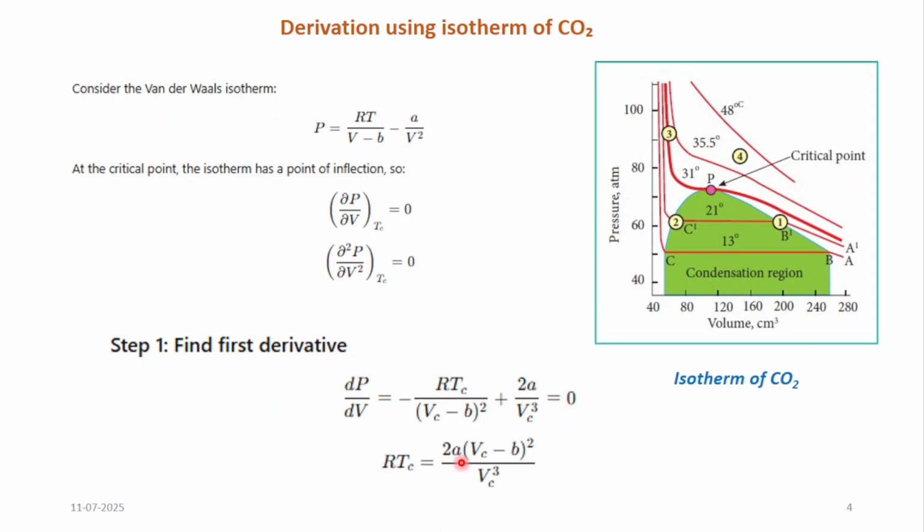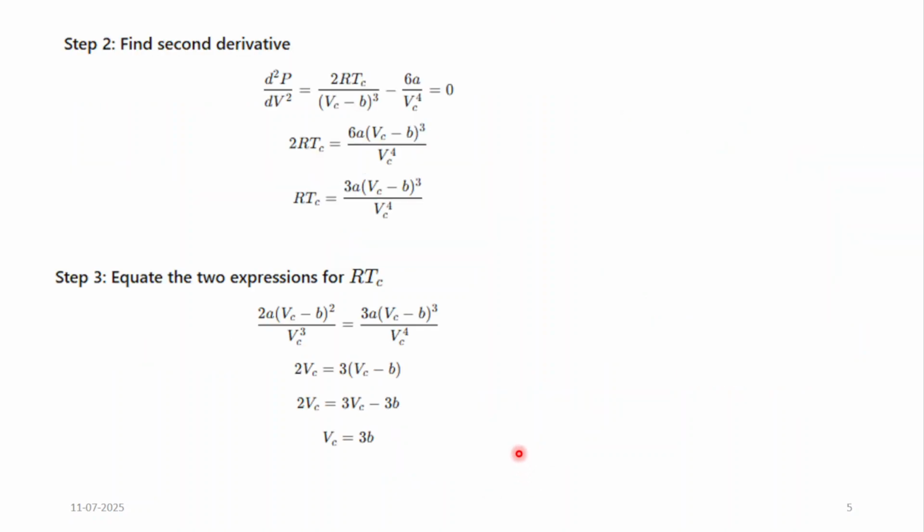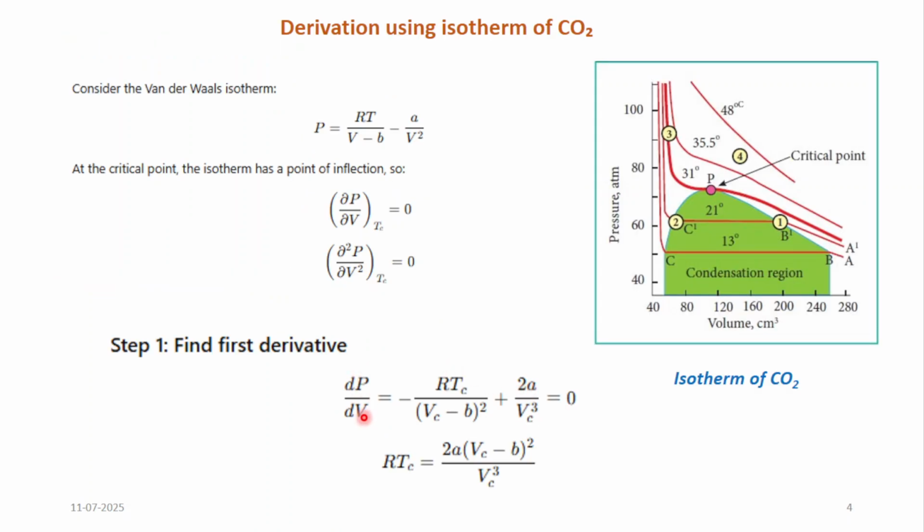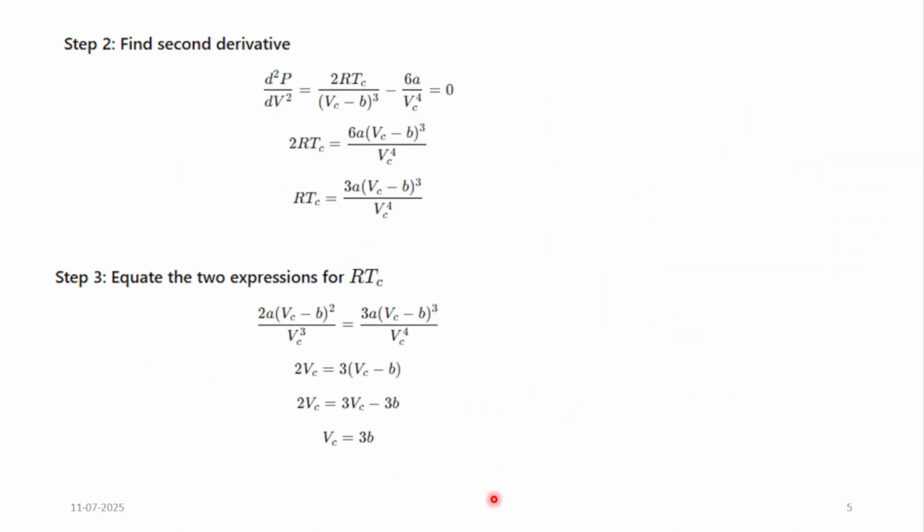The first derivative has to be 0 at this point of inflection. So rearrange this: RTc = 2a(Vc − b)²/Vc³. Now you take the second derivative and equate it to 0 at the point of inflection. Rearrange this and write RTc, which is equal to 3a(Vc − b)³/Vc⁴.